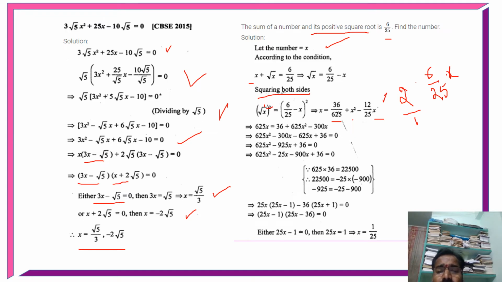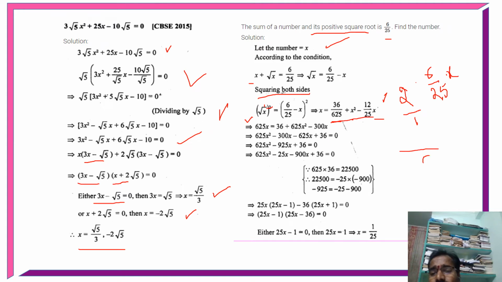After simplification, 625 is the LCM over here. So we have x = (36 + 625x square - 300x)/625. By taking the LCM 625 and sending it to the other side of the equality, we have 625x = 36 + 625x square - 300x.